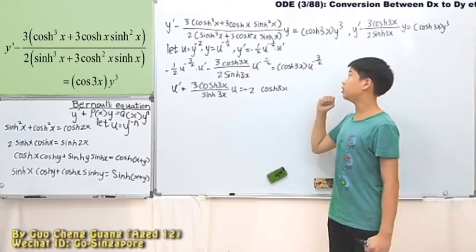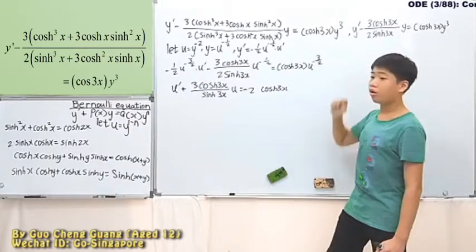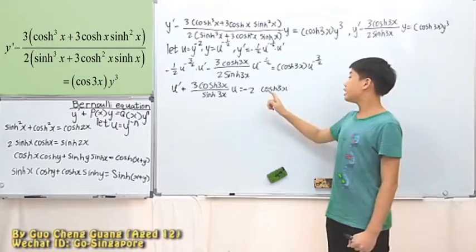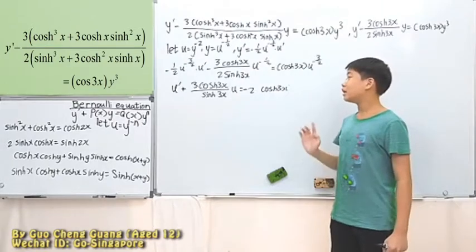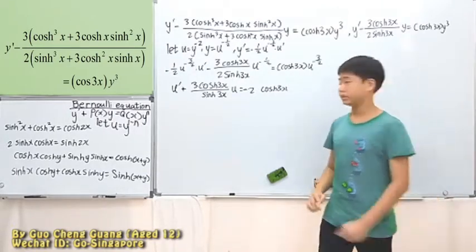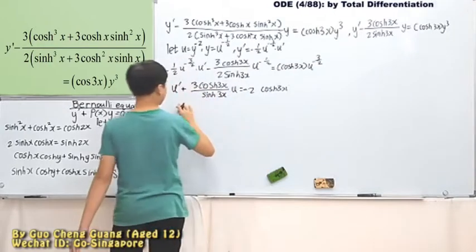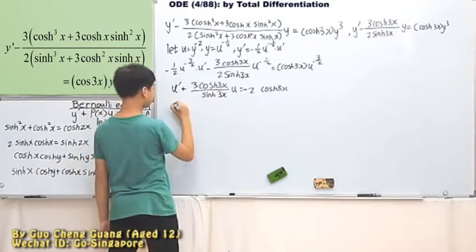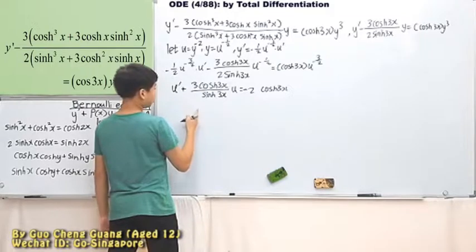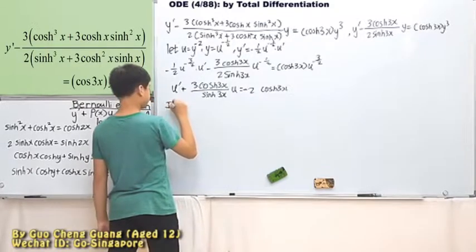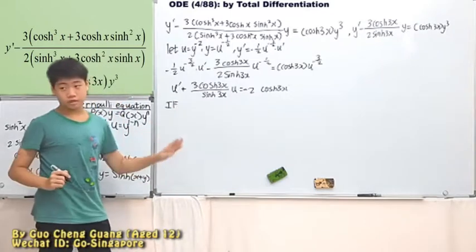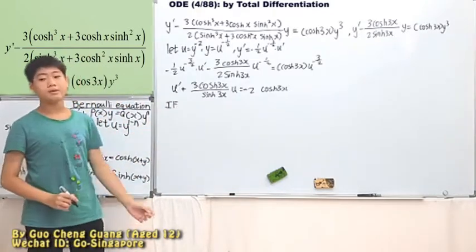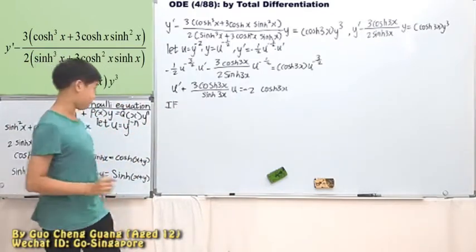Then we have changed from a non-linear ordinary differential equation into a linear ordinary differential equation. Okay, and that's what we have. So that means right now, at this point of time, we can use the integrating factor, or the IF.